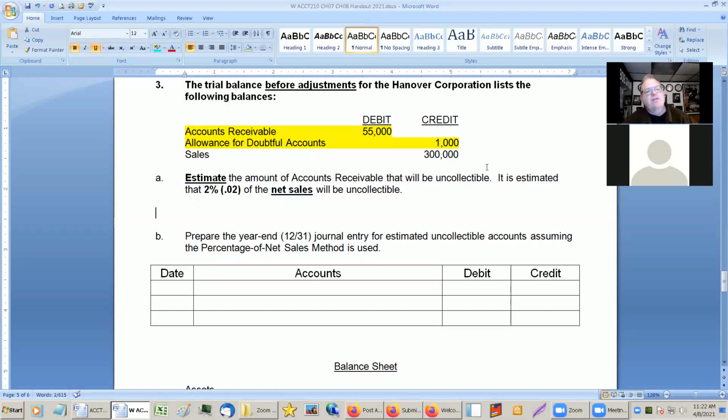Okay, so here's a question. What would be our estimate? It's 2% of net sales. So if you think you know what the amount is, either yell it out or put it in chat if you like.